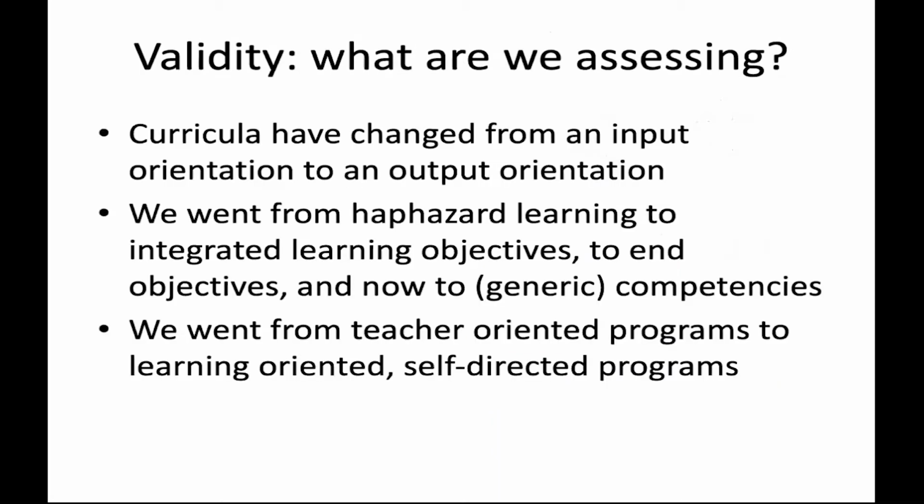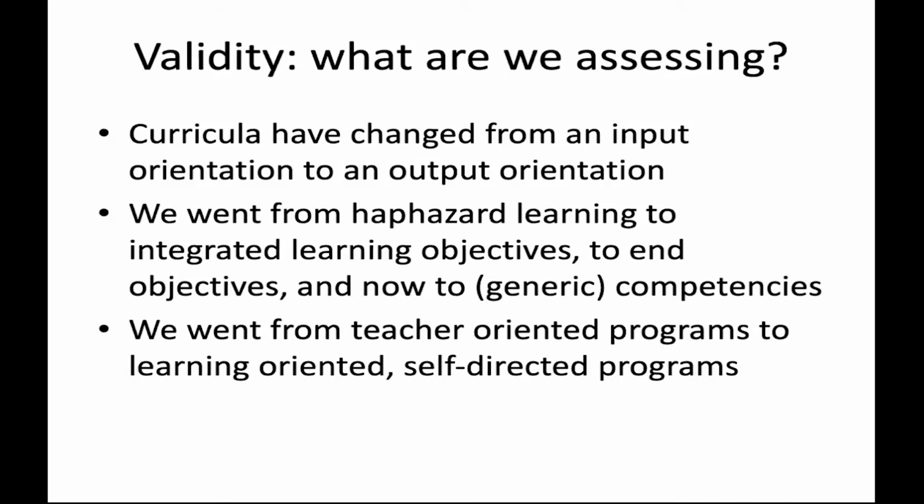Validity. Validity is what are we measuring? What do we want to measure? And of note is the educational change that we have gone through over time. Curricula have changed from an input orientation to an output orientation. An input orientation means so many hours of this discipline, so many weeks of this particular project, and so forth.